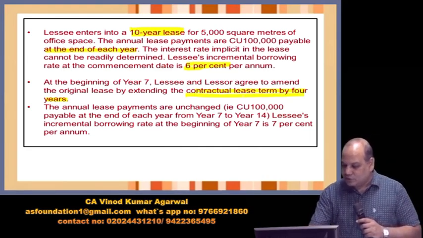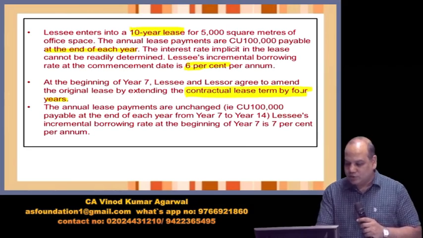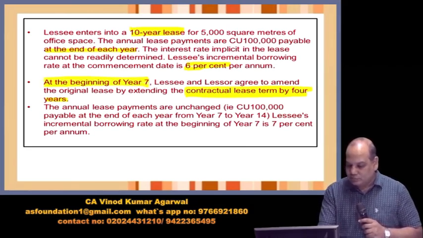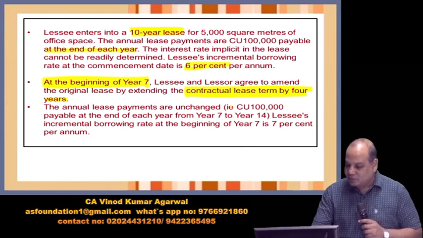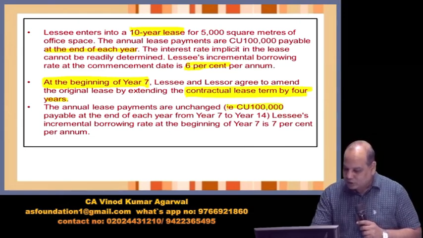So the total lease term will become how much now? 14 years. How many years are already over? 6 are already over, because at the beginning of year 7 they are making this modification. So how many years are remaining now? 8 years are remaining. The annual lease payments are unchanged. The lease payment will remain 1 lakh only.